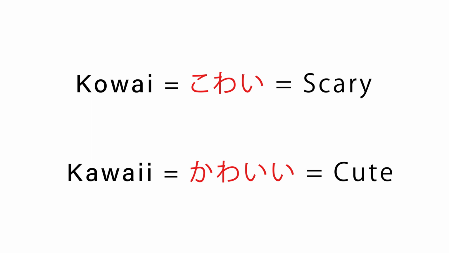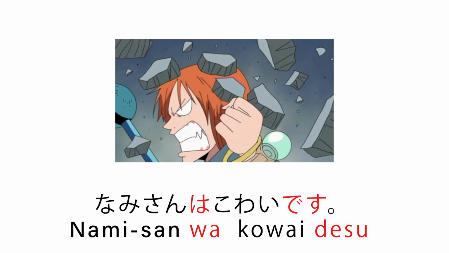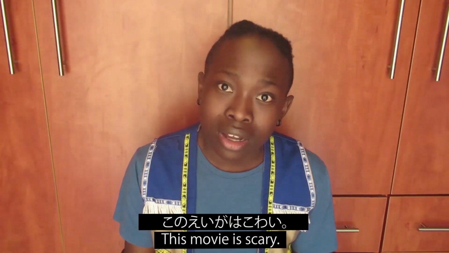So to say that Nami is cute, you'd say Nami-san wa kawaii desu, and that would mean Nami is cute. But if you were to say Nami-san wa kowai desu, it would mean that she is scary. So an example where you could actually use the word kowai would be to say this movie is scary, and you'd say kono eiga wa kowai. So yeah, kono eiga wa kowai.